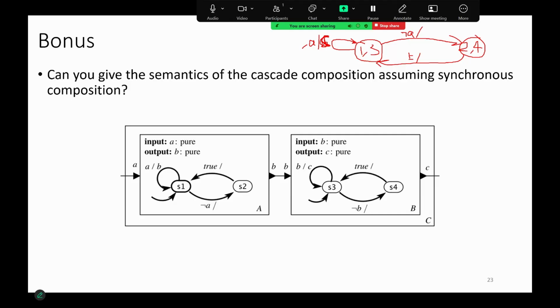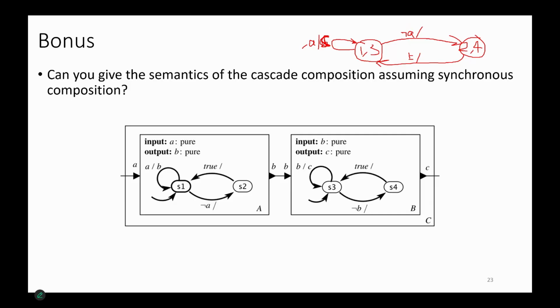Mm-hmm. You want to add anything? What about 1, 4?